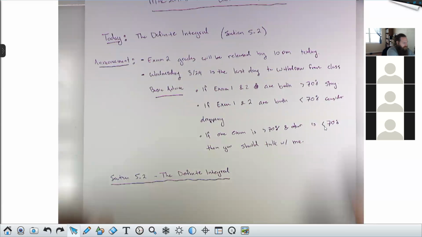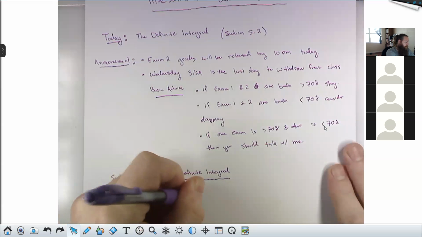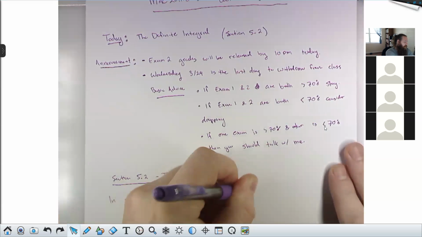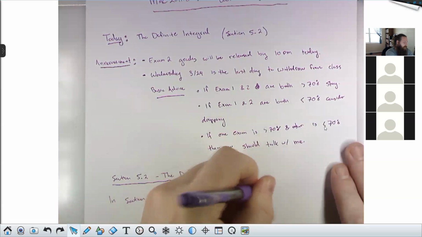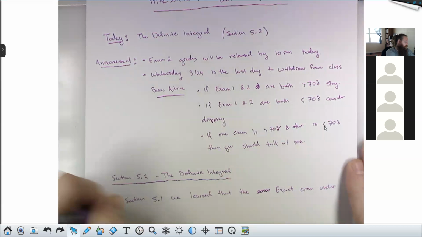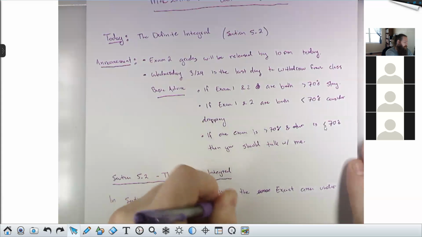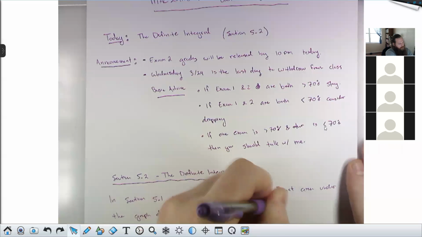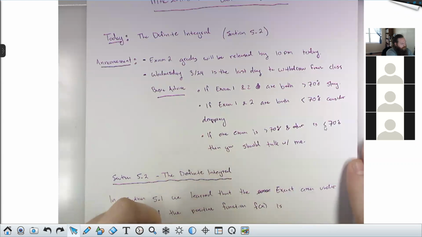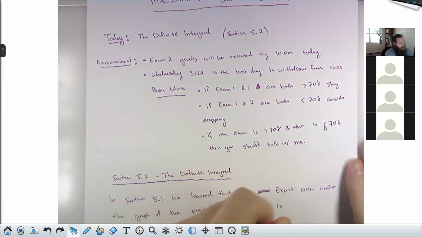So last section, in section 5.1, we learned that the area, I should say the exact area under the graph of the positive function f of x is the limit as n goes to infinity of Rn, which is the limit as n goes to infinity of the sum from i equals 1 to n of f of xi times delta x.